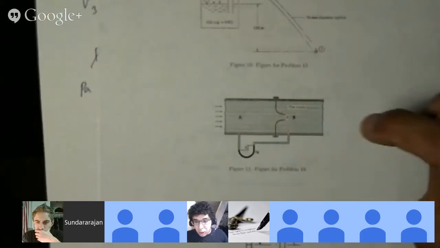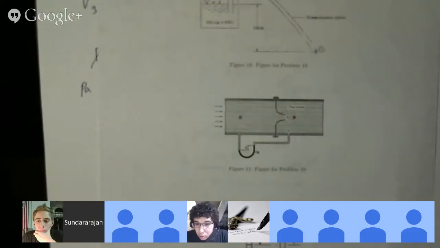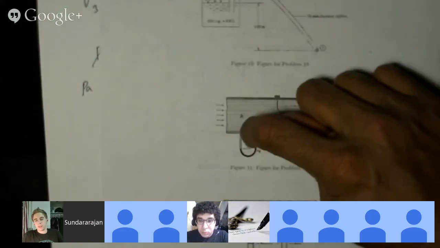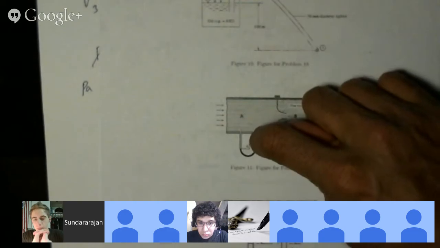Yeah, because the sum of pressure and kinetic energy has to be the same. When the kinetic energy goes up, the pressure has to go down. And that is why the pressure here is lower, and why the manometer fluid is able to push up here. Okay, I just wasn't sure if that would be what happens.